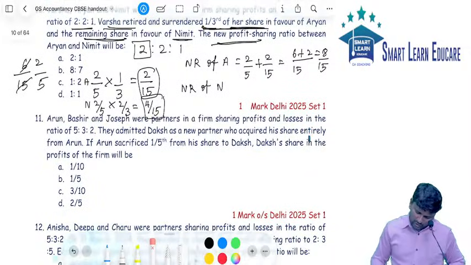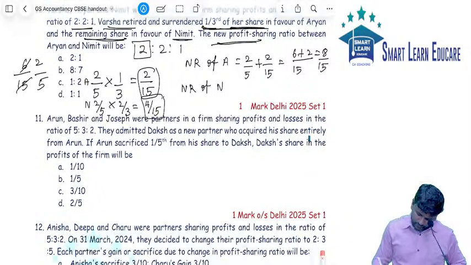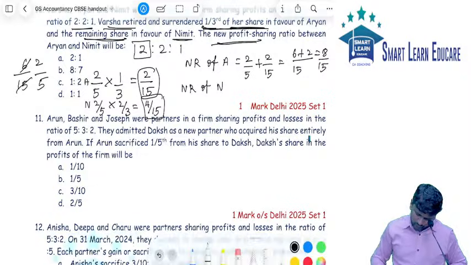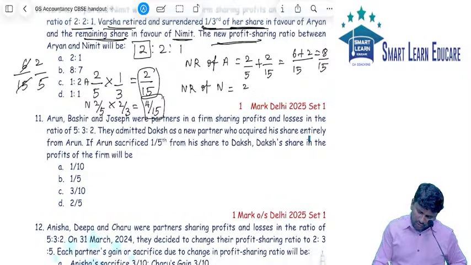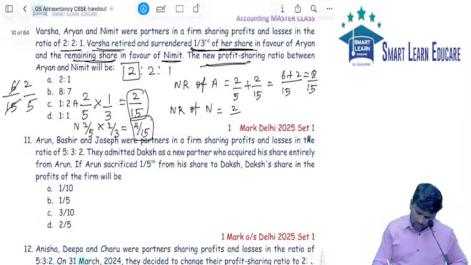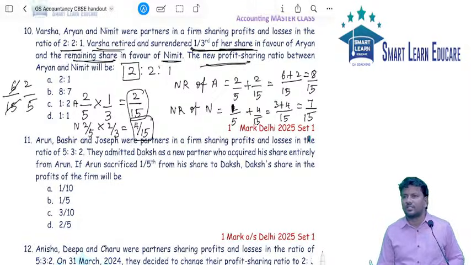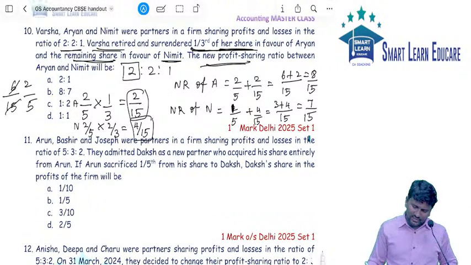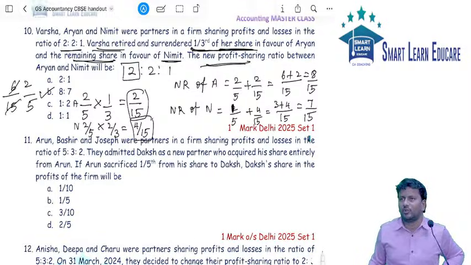The new ratio of N is equal to his share 1/5 plus 4/15. LCM 15. So 3 plus 4 will give you 7/15. So the answer is 8 is to 7. That is the new ratio.